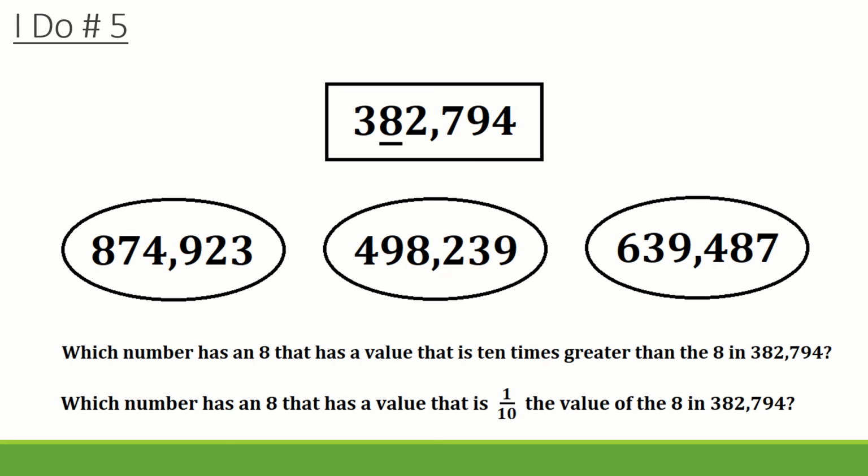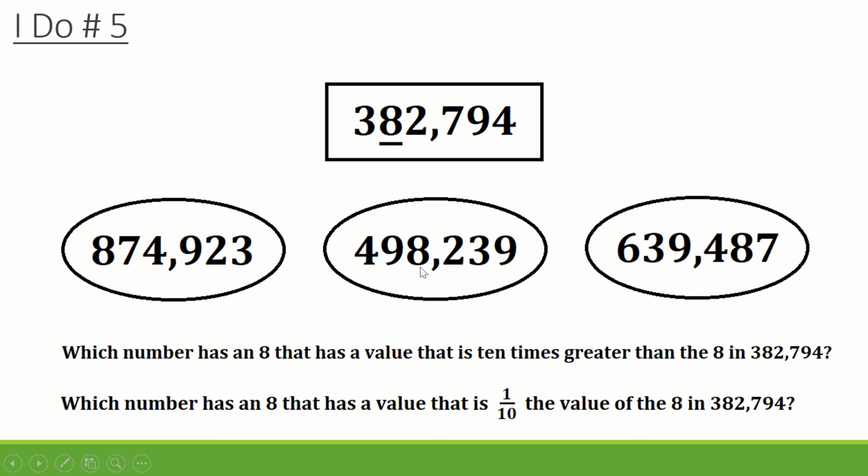Okay, hopefully you have found that answer, shared it perhaps with a fellow individual in your home. And the correct answer is 498,239. And I know that is the correct answer because 1/10 of 80,000 is 8,000.